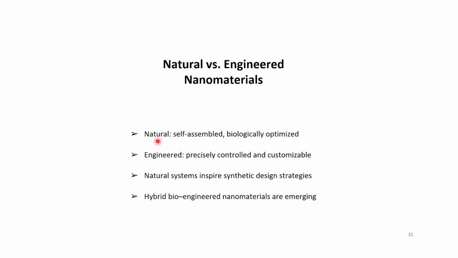But in engineered nanomaterials, you can precisely control and customize the properties and the structure. Natural systems inspire synthetic design strategies. So your engineered nanomaterials are inspired by natural systems. Then hybrid bioengineered nanomaterials are emerging. So natural nanomaterials plus engineered nanomaterials, your hybrid bioengineered nanomaterials, are also emerging.